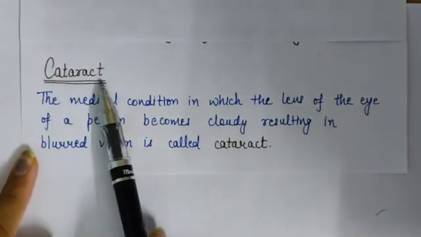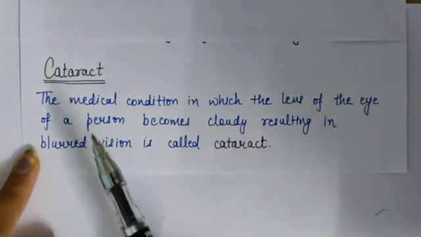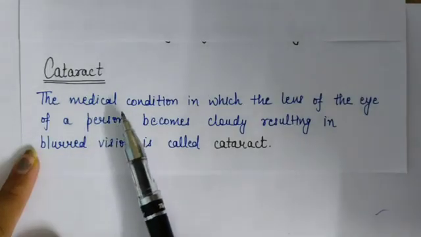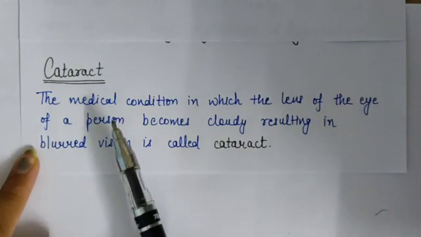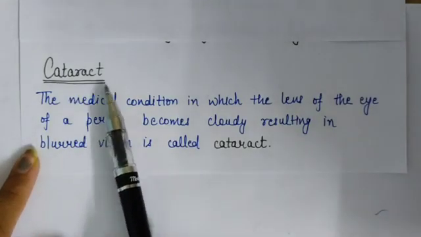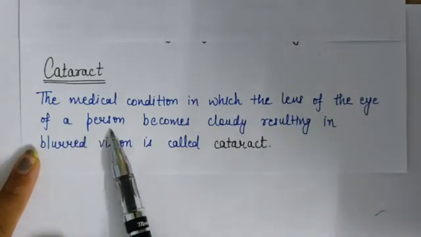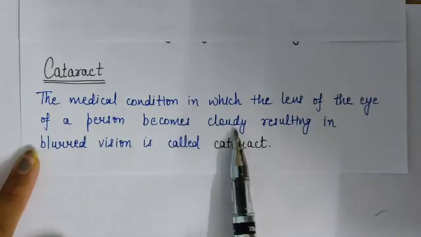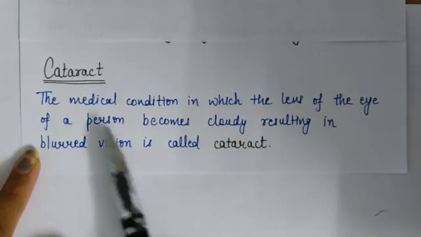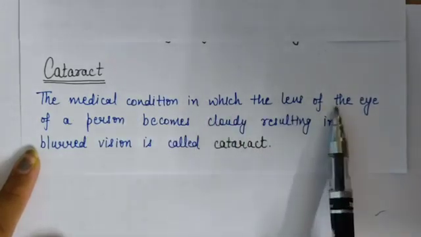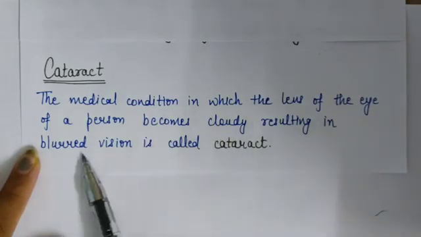The next defect is cataract. Now what is cataract? This defect is mostly seen in a person whose age is around 45 years or more. It is the medical condition in which the lens of the eye of a person becomes cloudy, resulting in blurred vision.